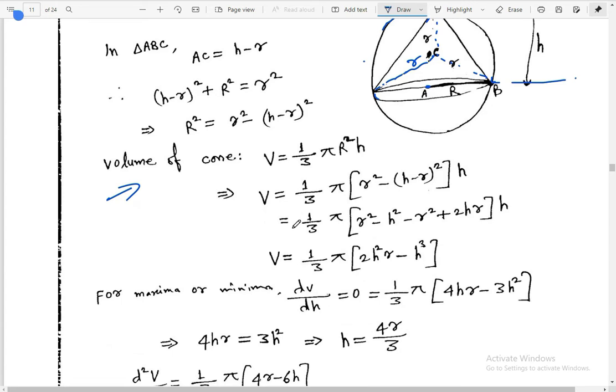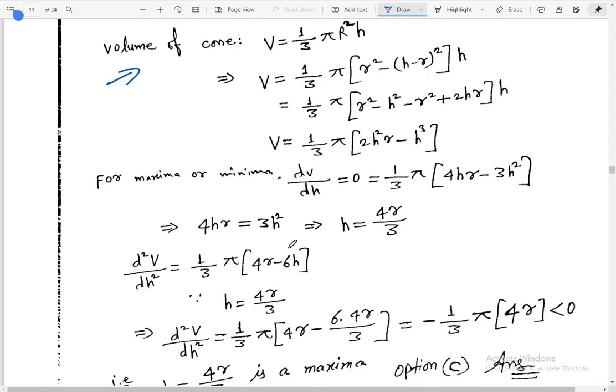We put the R square value here, and finally we get the volume equal to 1 by 3 pi times (2h square r minus h cube). For maximum or minimum we differentiate and set it equal to 0, and finally we get h equal to 4r by 3.